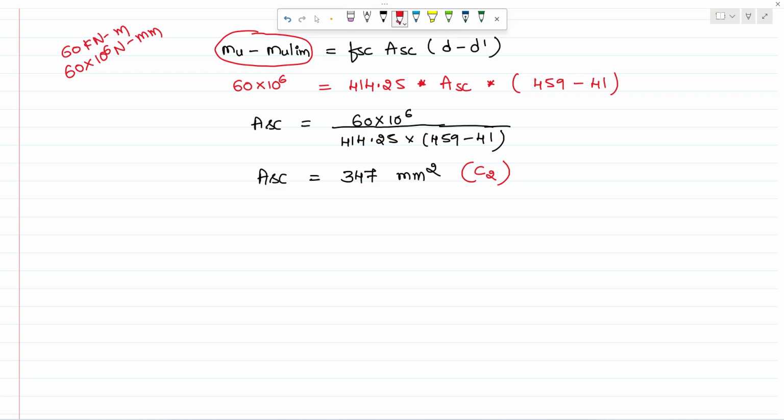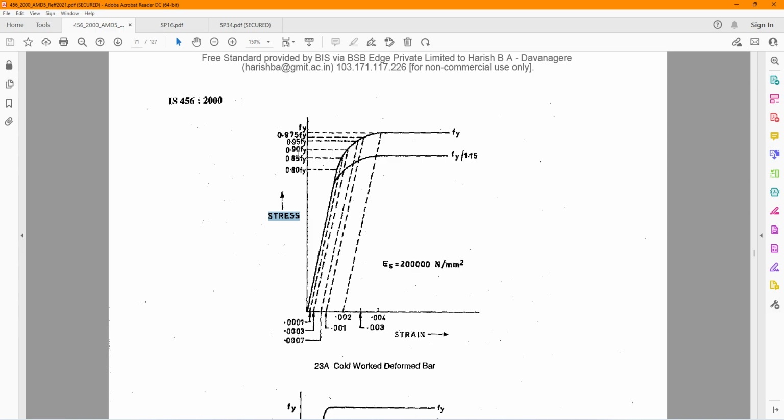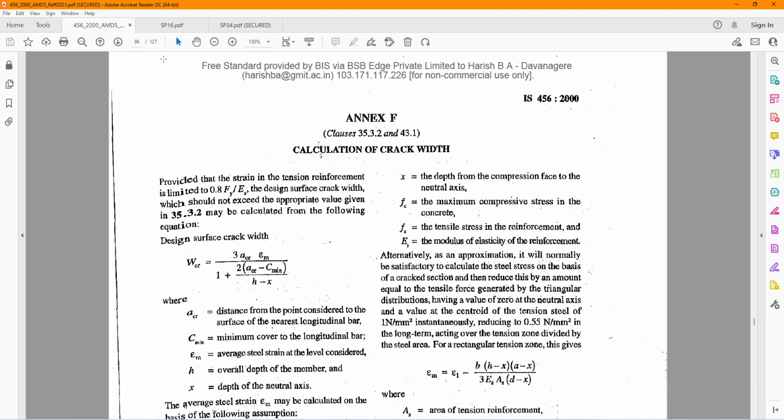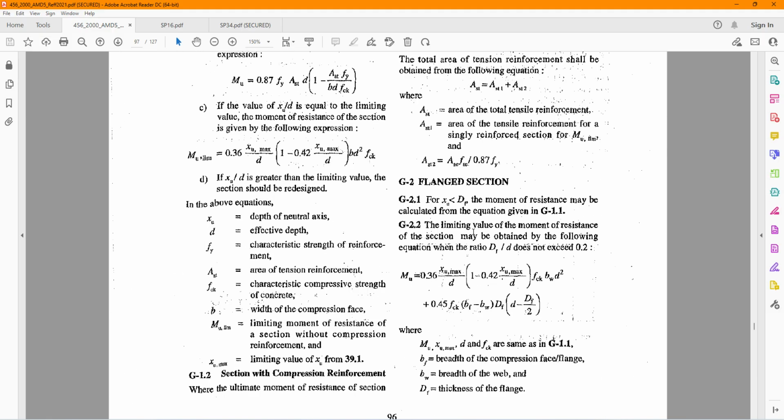So next, if you open the code IS 456 on page number 96, again you need to calculate AST2.